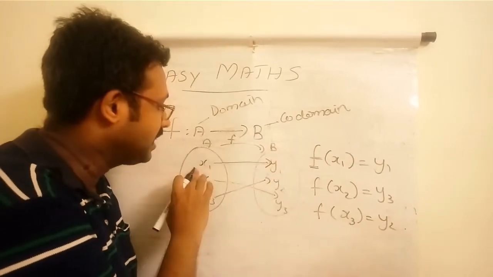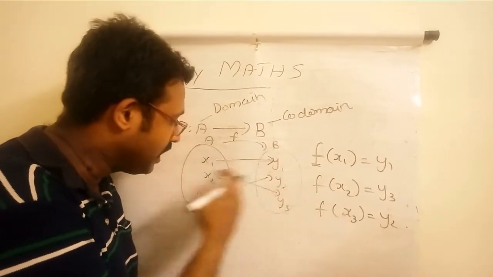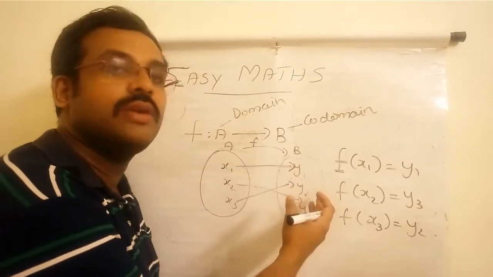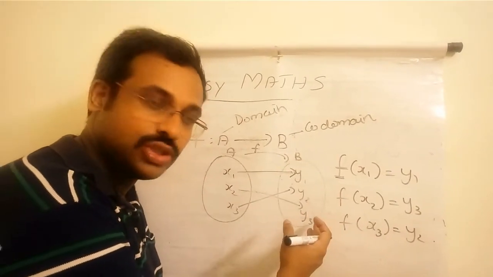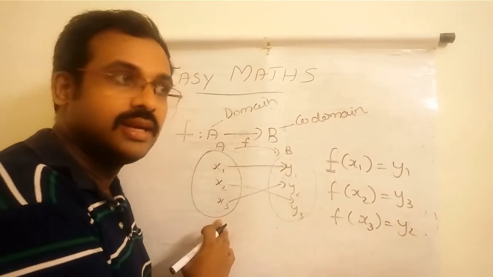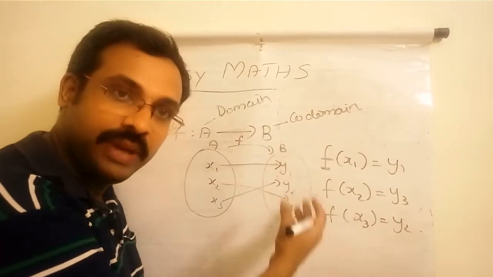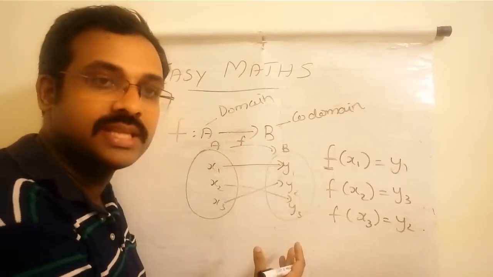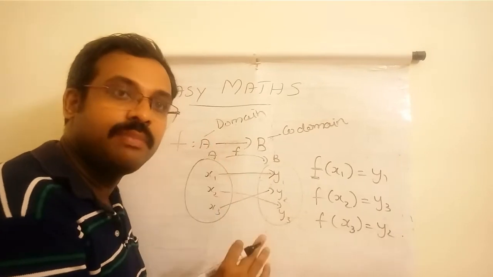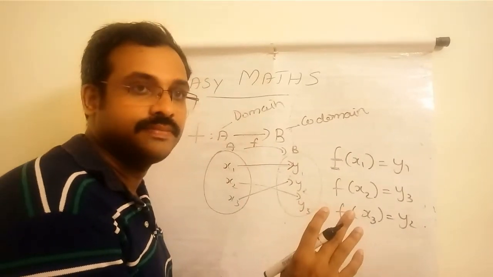One and only one image. x1 has one and only one image, y1. x2 has one and only one image, y3. x3 has one and only one image, y2. So every element in the domain has a unique image. Such mappings are called functions. So this mapping is an example of a function.